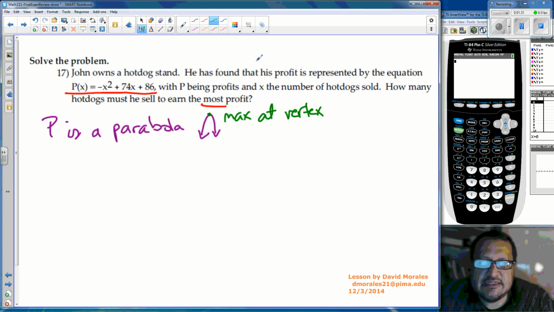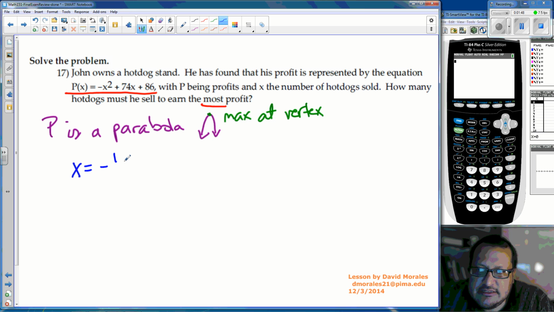Now there's two ways to do this. On the previous problem, I solved this by completing the square. For this one, we're going to do the other way so you can get practice at both methods. So what we're going to do here is find the vertex of P. The vertex is at x equals negative b over 2a.